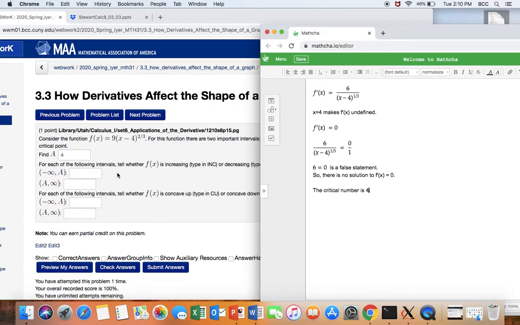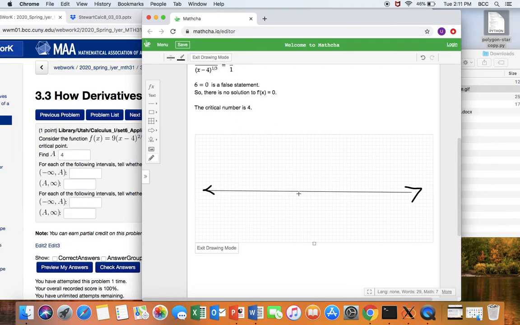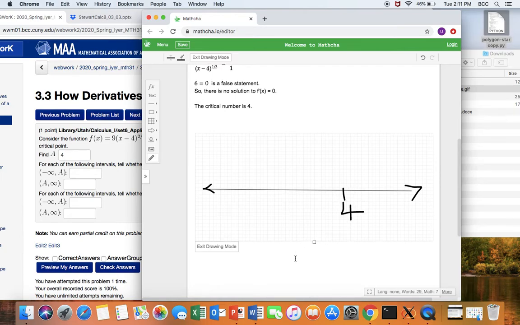Now you have two intervals. Why do I have two intervals? There is only one critical number, right? If you look at the picture, you have the number line, and somewhere you have the number 4. I don't know where, somewhere here is the number 4. Now what happens then?